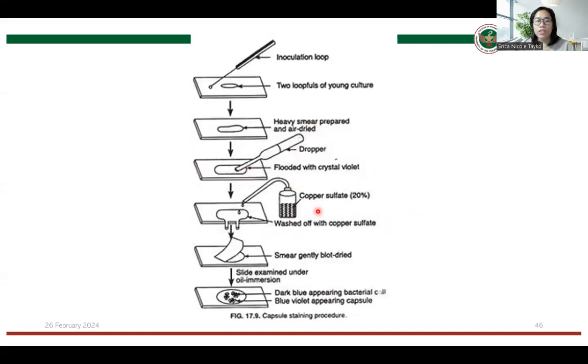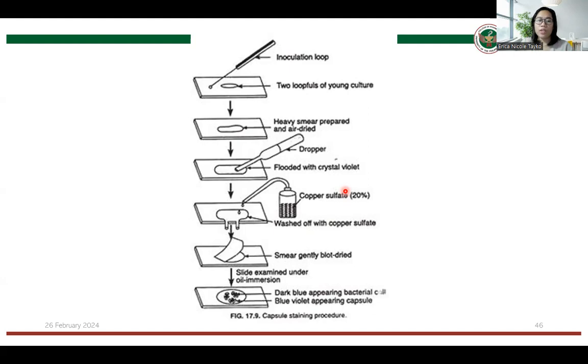Now, we use your copper sulfate as the washing agent. So it is now used to remove your stain, your crystal violet. At the same time, it is now the stain that will come into contact with your capsule. Actually, copper sulfate is a, anong tawag dito, hygroscopic na reagent. So it is very hydrophilic.